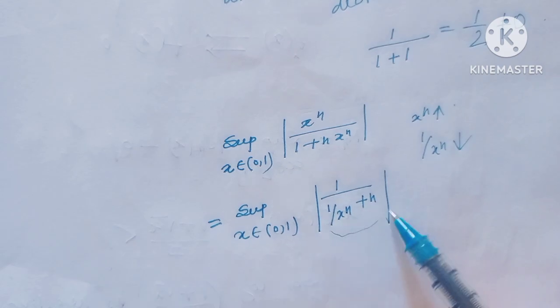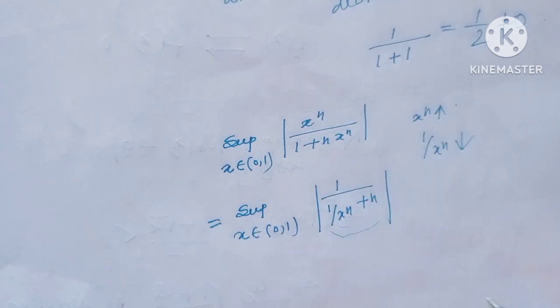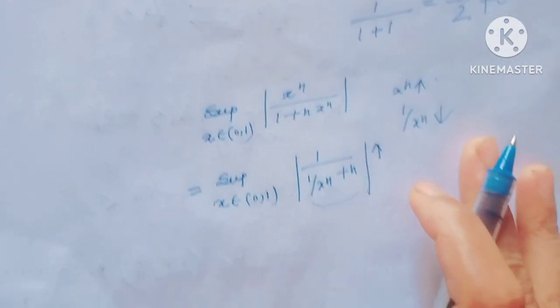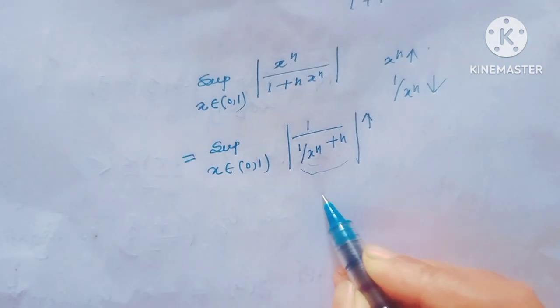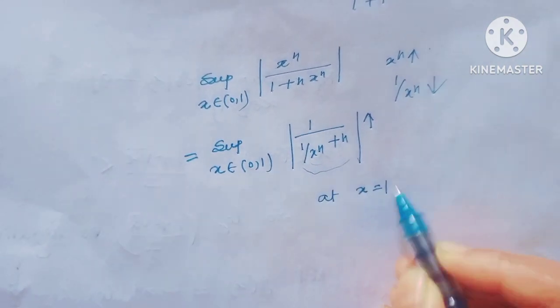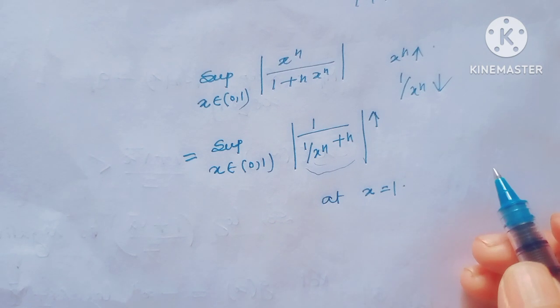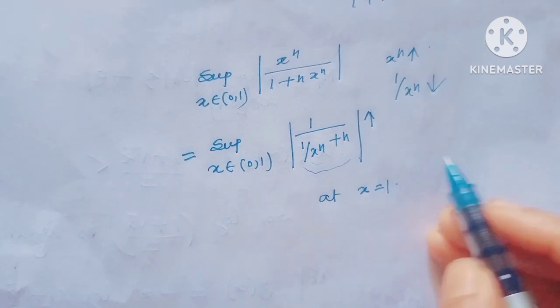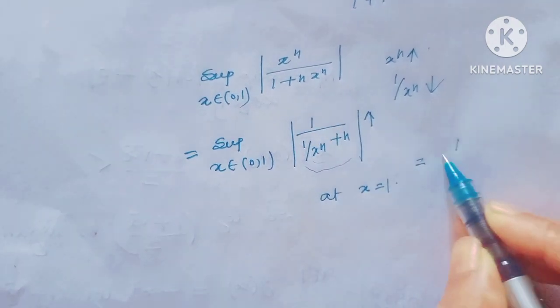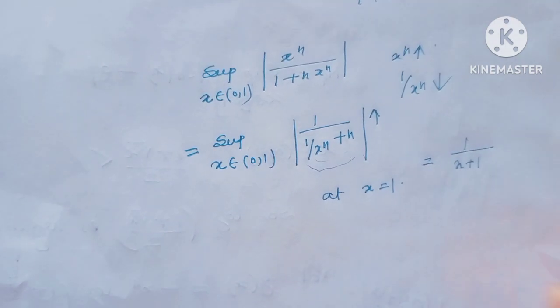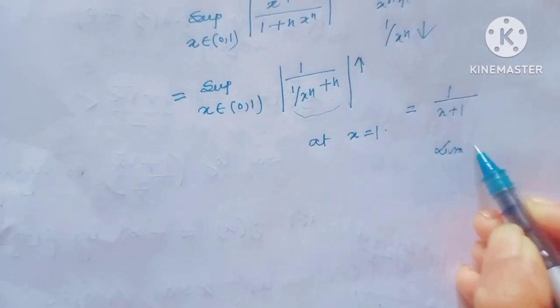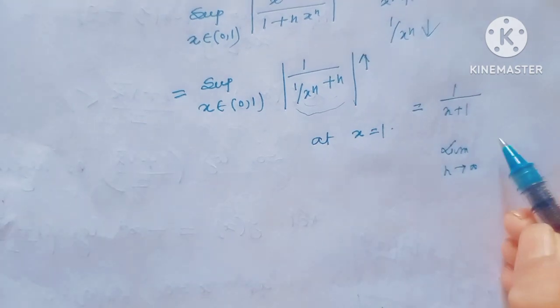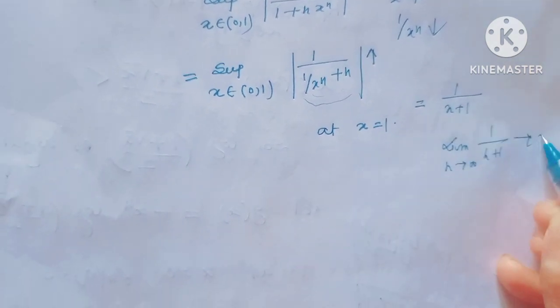Since this part is monotone decreasing, 1 over monotone decreasing is monotone increasing. So the maximum value exists at x = 1, and this value is 1 over (n + 1). As n tends to infinity, 1 over (n + 1) tends to 0.